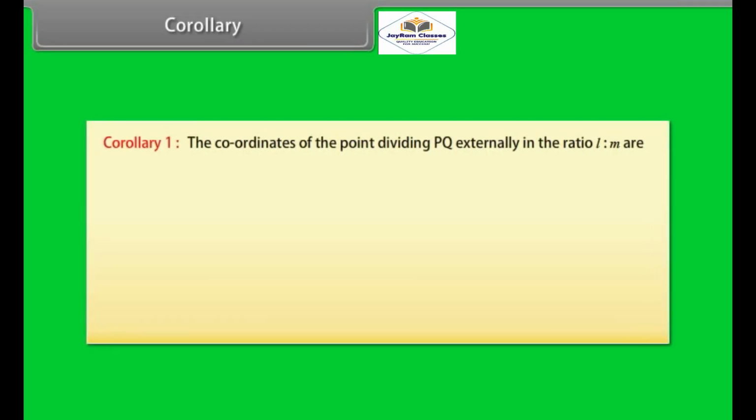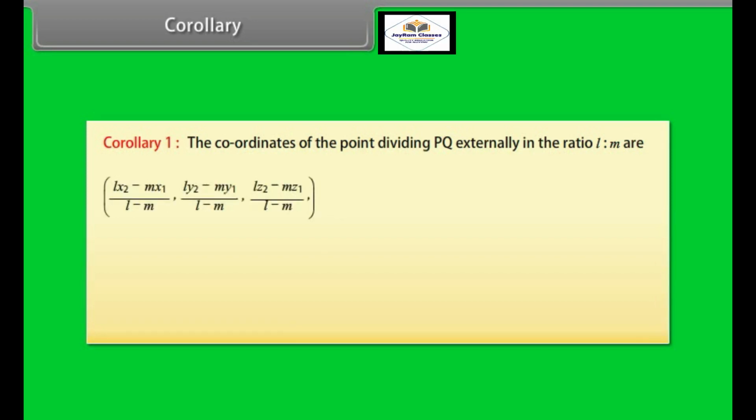Corollary 1. The coordinates of the point dividing PQ externally in the ratio l:m are ((lx2 - mx1)/(l - m), (ly2 - my1)/(l - m), (lz2 - mz1)/(l - m)).